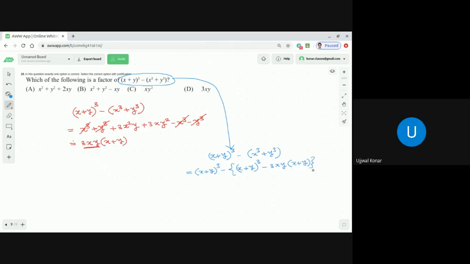Correct, no? Yes, that is the formula for x cube plus y cube. With this also you can achieve it. That is (x plus y) whole cube minus (x plus y) whole cube plus 3xy into (x plus y). That is equal to what? 3xy into (x plus y).